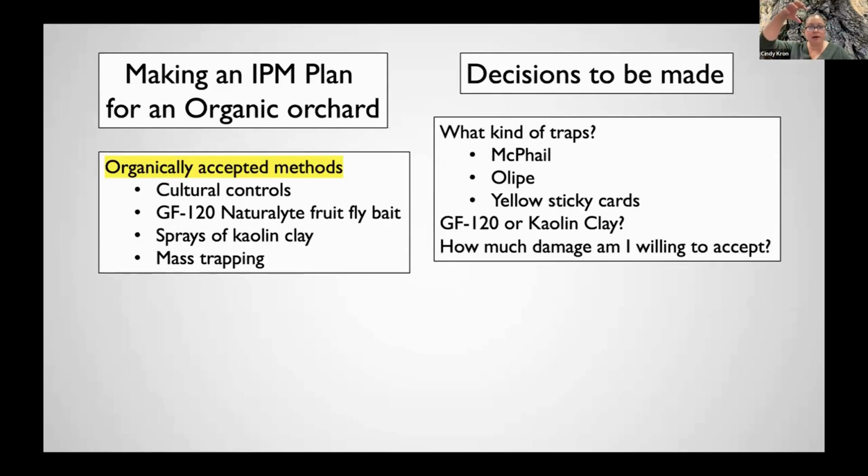Alipe is just like a water bottle, a liter water bottle that you drill small holes at the top. And then you'll put Torula yeast tablets in the bottom, which is also what McPhail traps use as an attractant, and fill with water. But those small holes at the top only allow insects of that size and smaller into entering in.